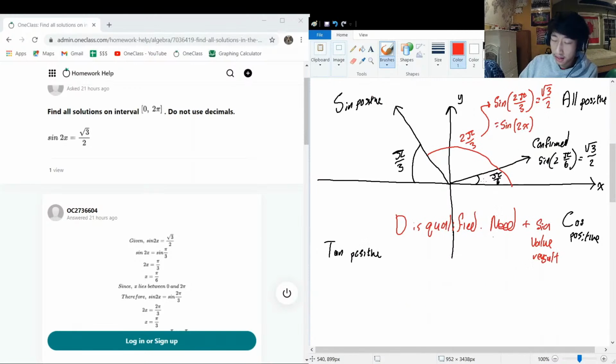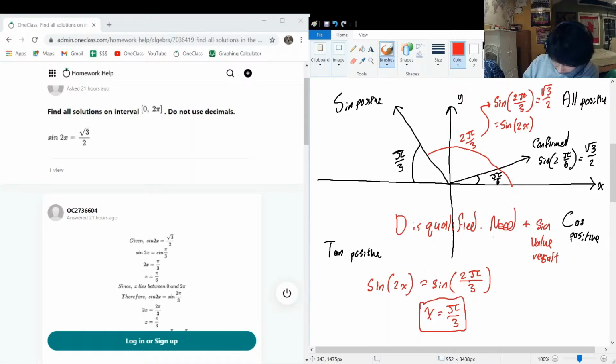I'll write it down here to be a little clearer: sine 2x is equal to sine 2 pi over 3. Then we know that x has got to be pi over 3. It's got to be the case. So our first answer was pi over 6, and our second answer is going to be pi over 3.